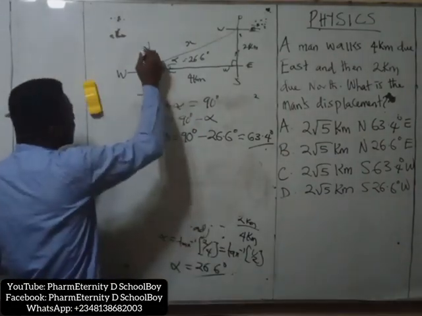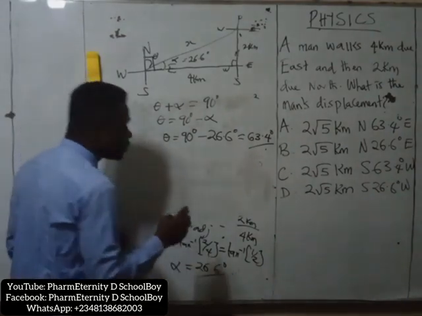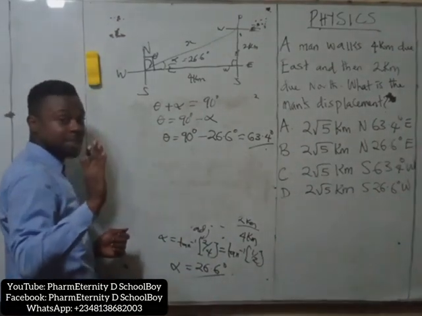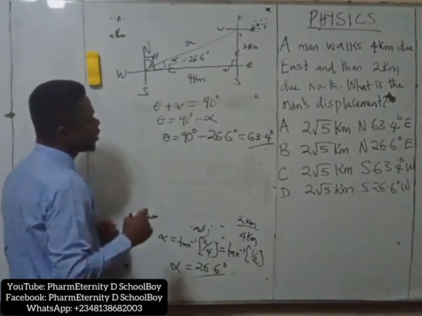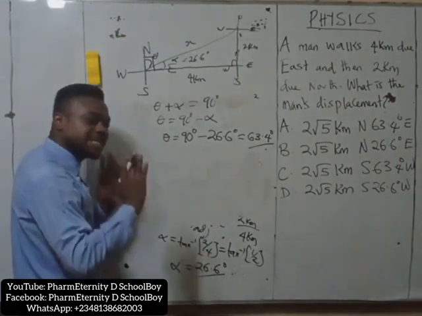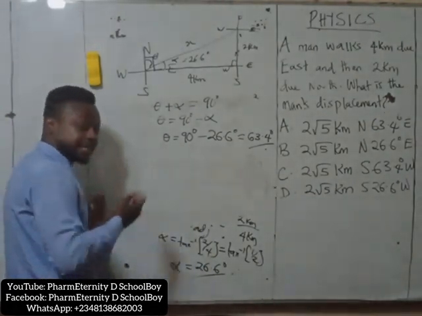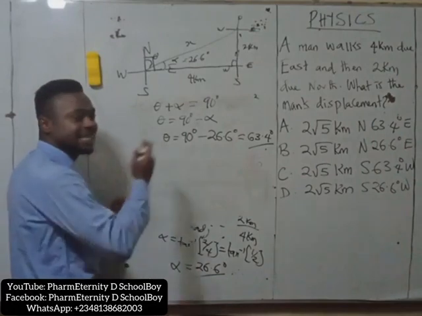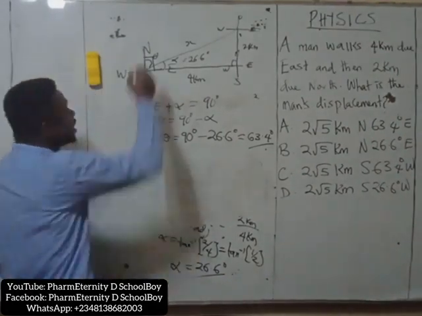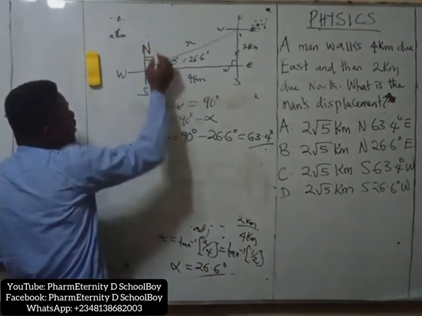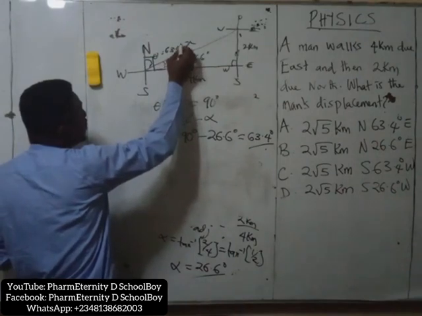So now, remember we've gotten the magnitude of the displacement of the man, which is 2 root 5 kilometers. Now the displacement should bear both the magnitude and the direction. So the direction of the man is what we want to determine now. This is north. This theta here is 63.4 degrees.